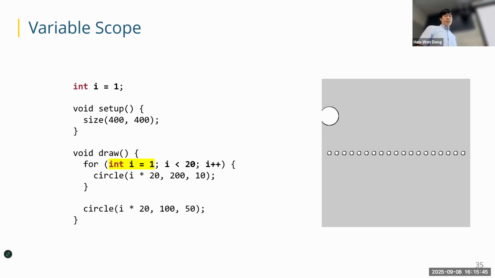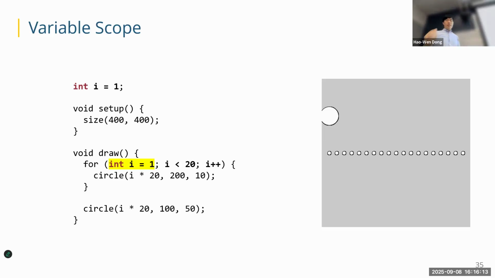It's a bit tricky to understand, but over the time, whenever you meet some bugs, you will see what I meant. So what's going on here is that initially you initialize an i equal 1 variable. So this variable will be here. And then in your draw function, somehow you mess up and then you reinitialize an i here.